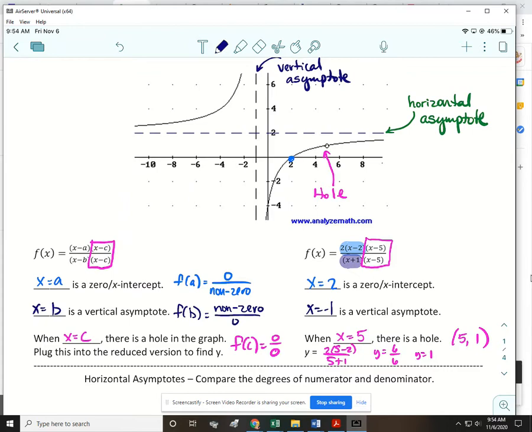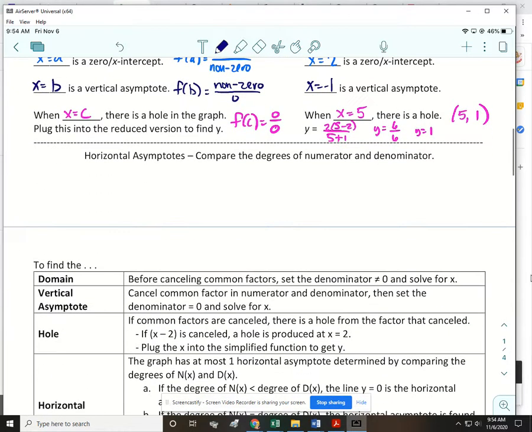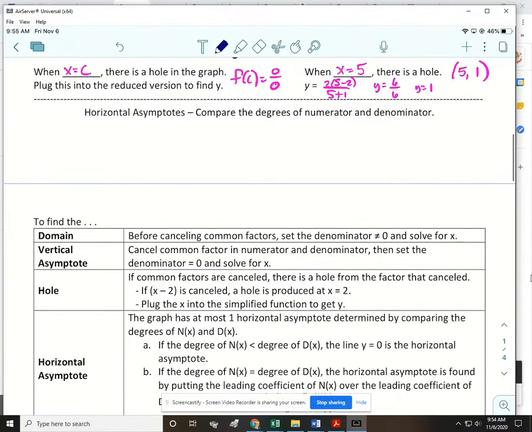All right, now the horizontal asymptote is probably the hardest one to remember what to do. So for your horizontal asymptote, you're going to compare the degrees of the numerator and the denominator. If the degree of the numerator, which I'll call n of x, is less than the degree of the denominator d of x, then your horizontal asymptote is y equals 0.